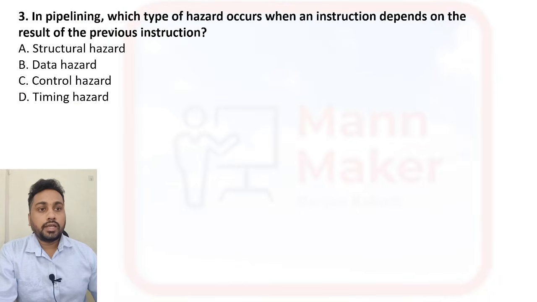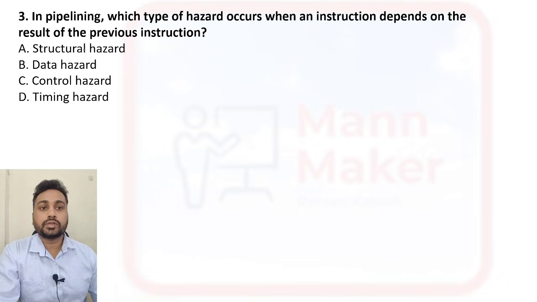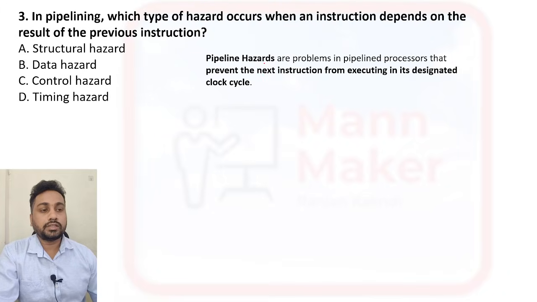In a pipeline, which type of hazard occurs when an instruction depends on the result of the previous instruction? Pipeline hazards are problems in a pipeline processor that prevent the next instruction from executing in its designated clock cycle.